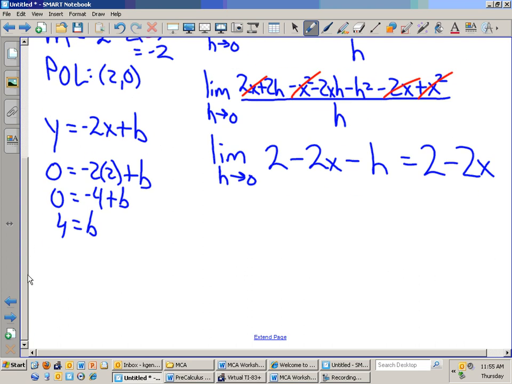We solve, we get b is equal to 4. My final equation is y equals -2x plus 4.